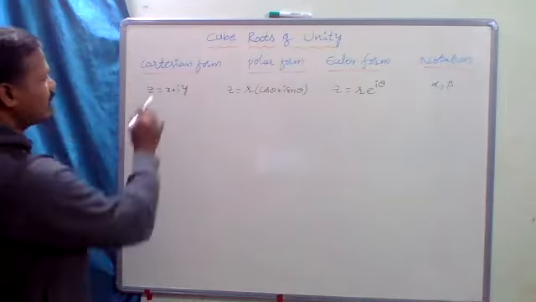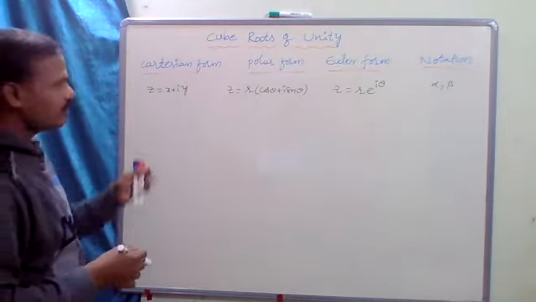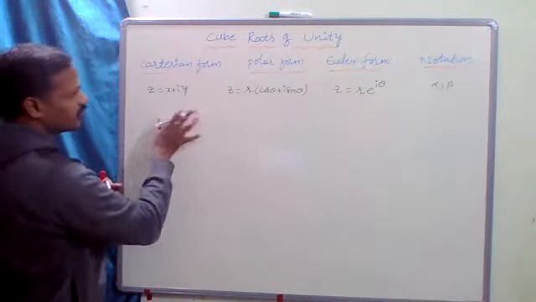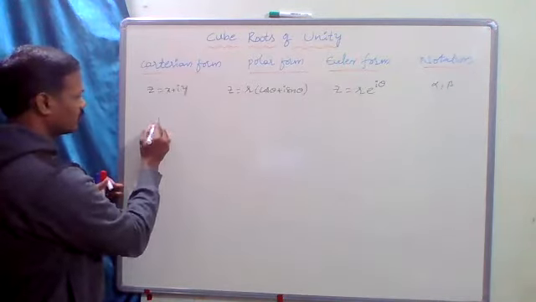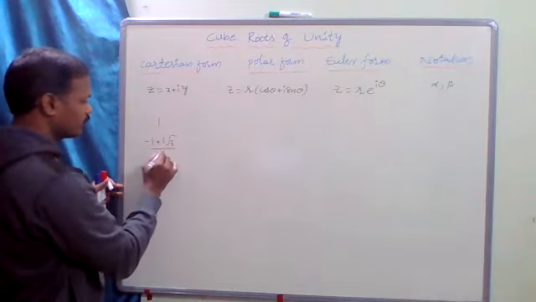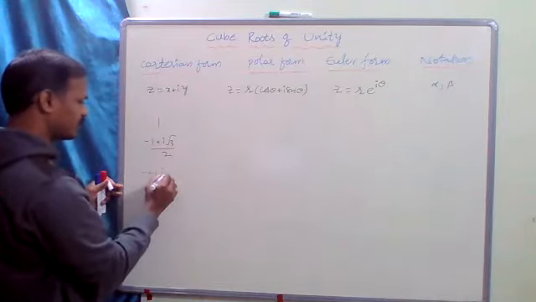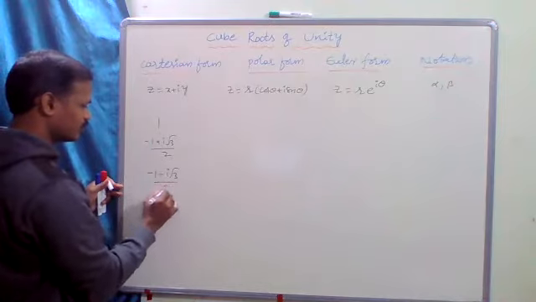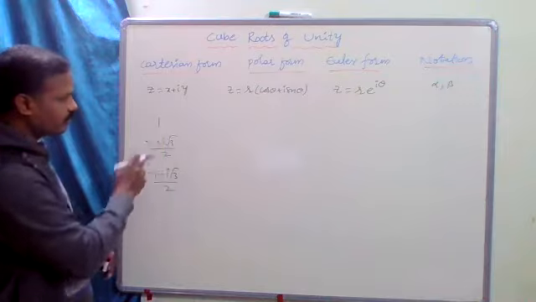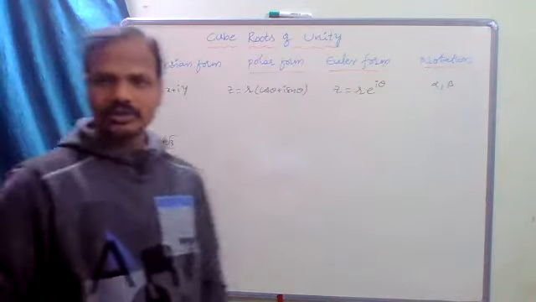Now in Cartesian form, that is x plus iy form, what are the cube roots of unity? 1, minus 1 plus i root 3 by 2, minus 1 minus i root 3 by 2. So this is the Cartesian form, x plus iy form. 1 means 1 plus i into 0.